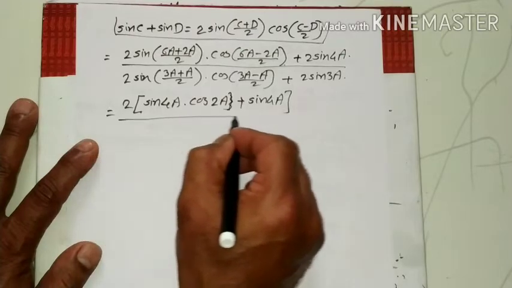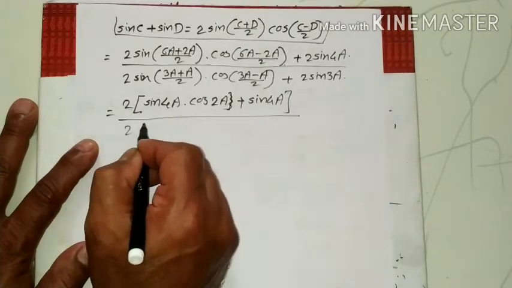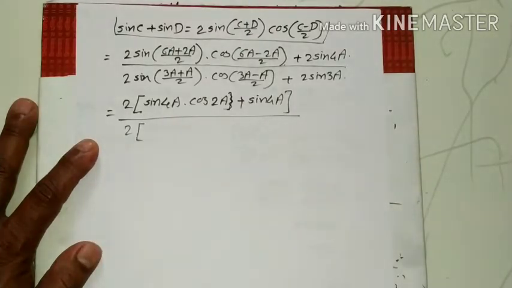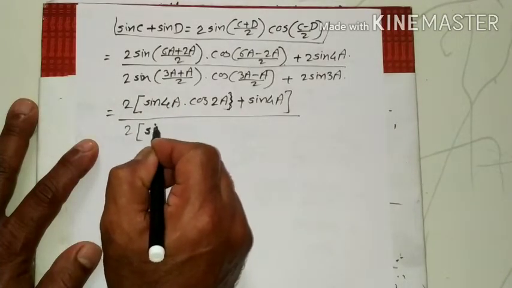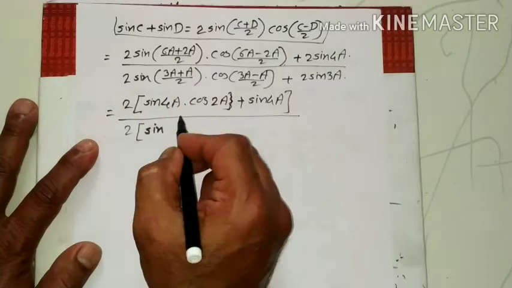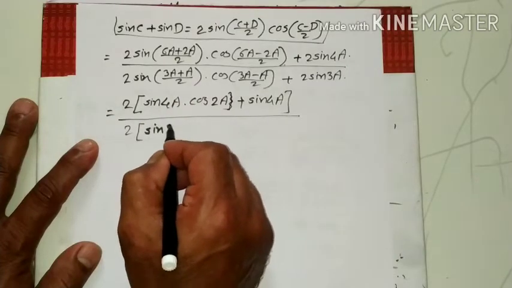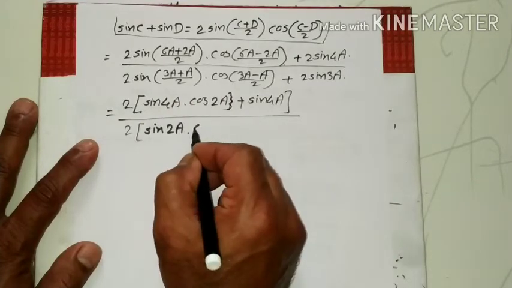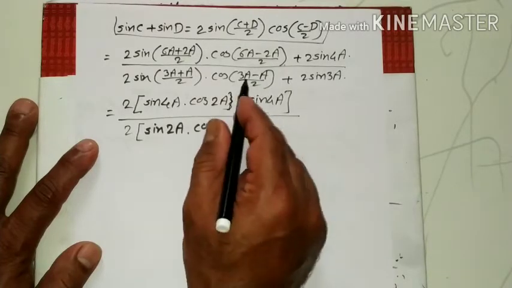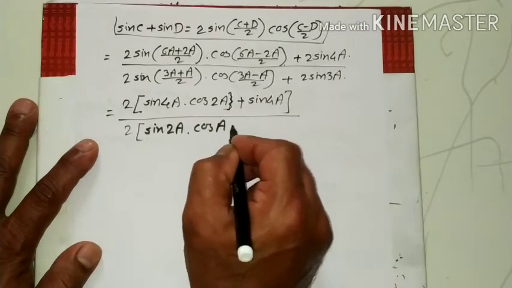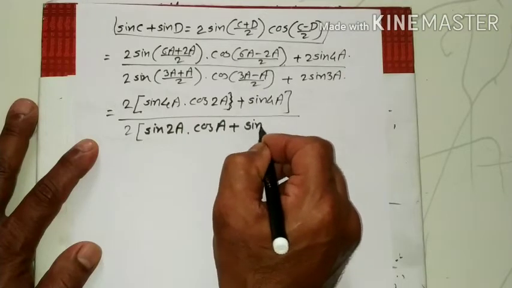Denominator: 2 common into bracket sin((3a plus a)/2), that is sin 2a... into cos((3a minus a)/2) plus sin 3a.